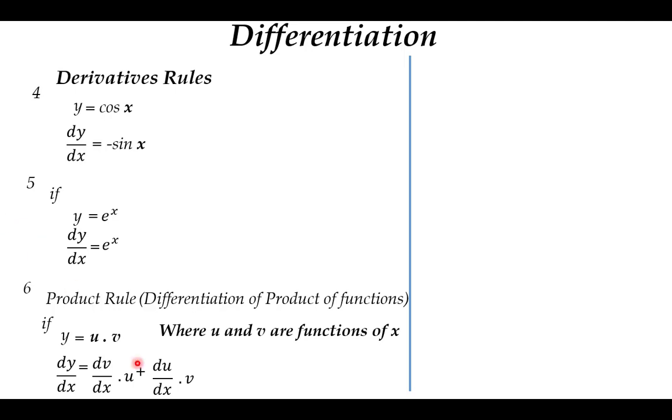What that means: first one, keep u constant and use it to multiply with the derivative of v. Then add the next step to it: keep v constant and then use it to multiply the derivative of u with respect to x.